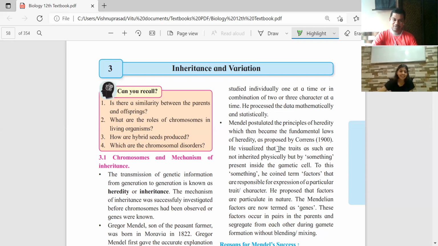So heredity is something you have already heard about. Heredity is the other word for inheritance. Basically, what is heredity or inheritance? It is the transmission of important information or characters from one generation to the next generation.